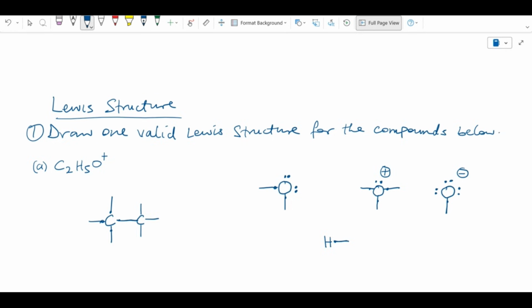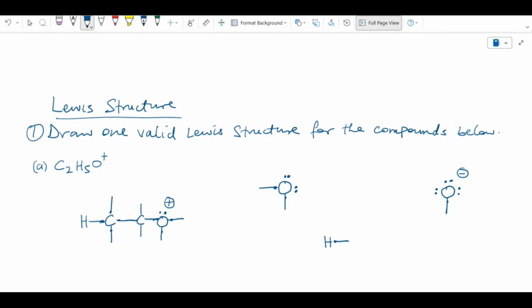Since there's a positive charge in the molecule, I want to use this. What you have to do is connect the atoms. At this point, we can begin to distribute the hydrogens.